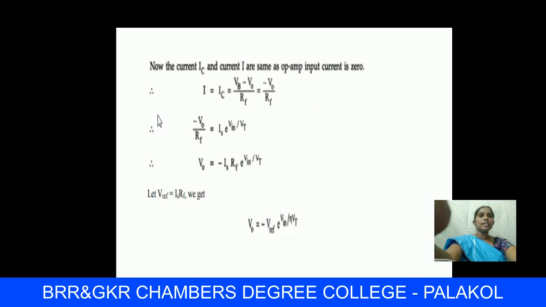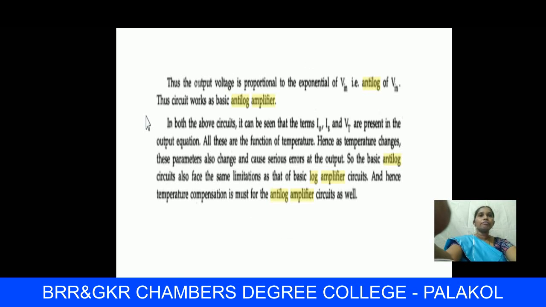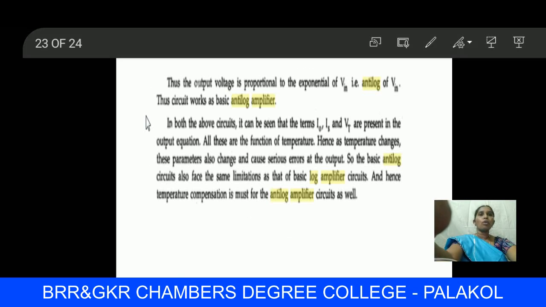This was already discussed. Finally, the output voltage is proportional to the exponential of Vin, that is the anti-log of Vin. This circuit works as a basic anti-log amplifier. In both of the above circuits, the terms I naught, IS, and Vt are present.